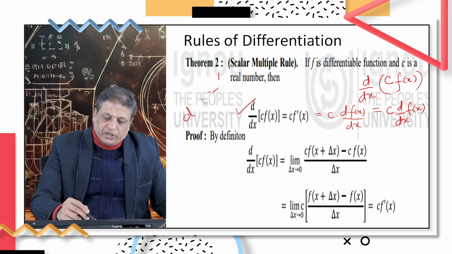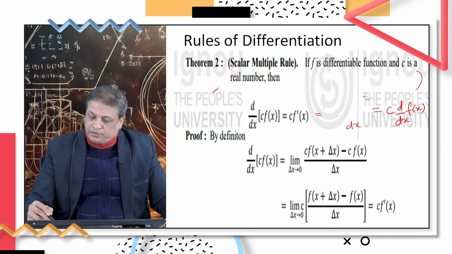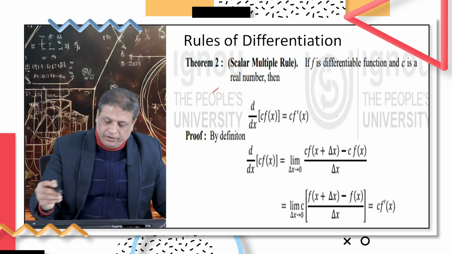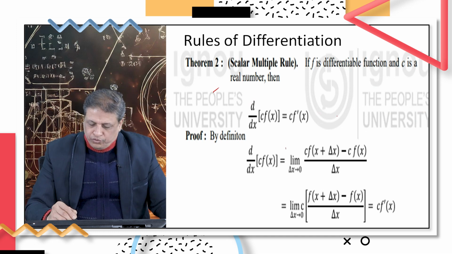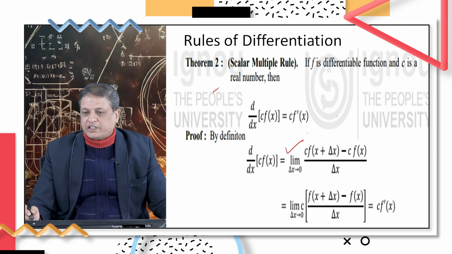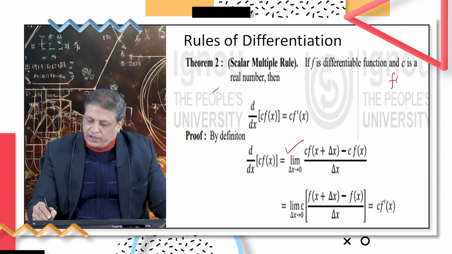So how to prove this? In order to prove this, let's again apply the same fundamental definition, that is we need to evaluate limit delta x tends to 0 of f(x plus delta x) minus f(x) upon delta x. So what is f(x) over here? It is a constant times. So f(x) is say c of g(x).